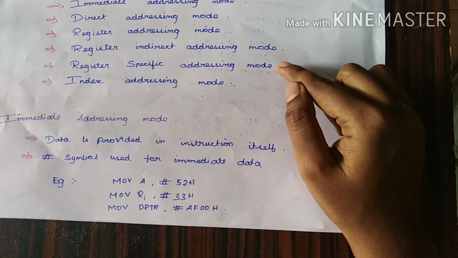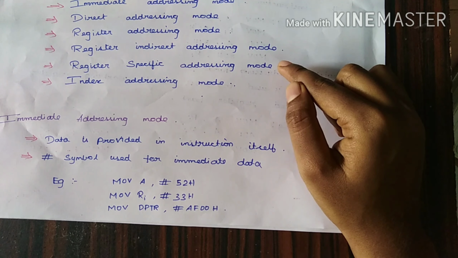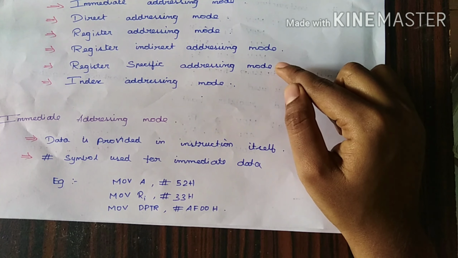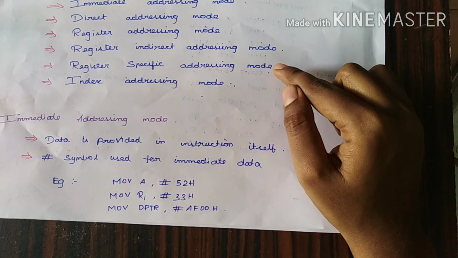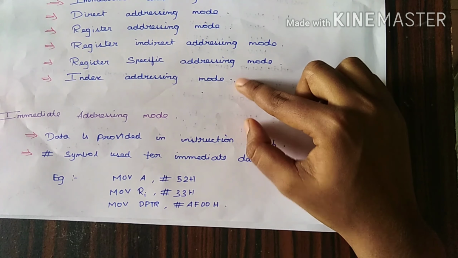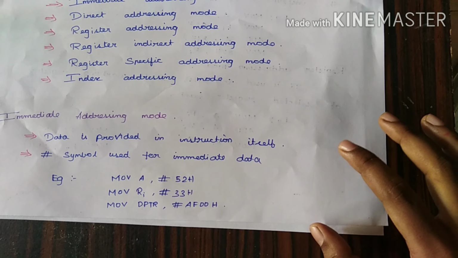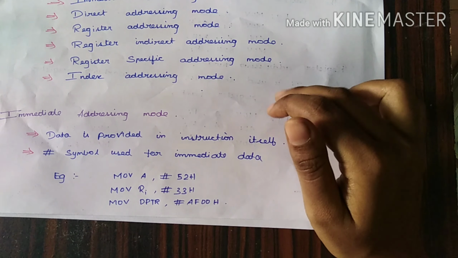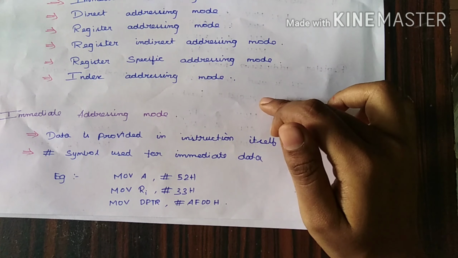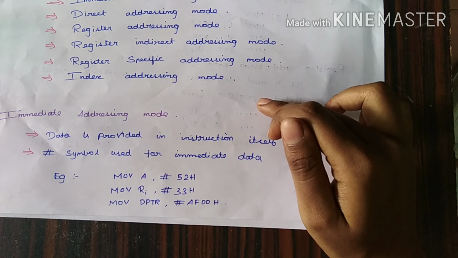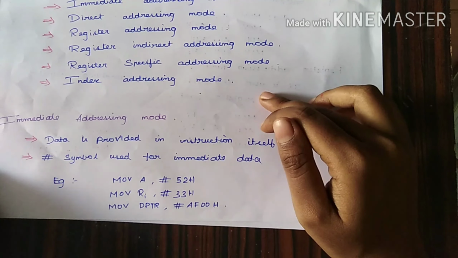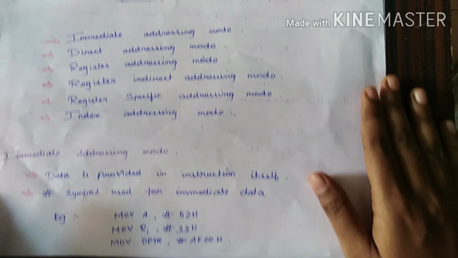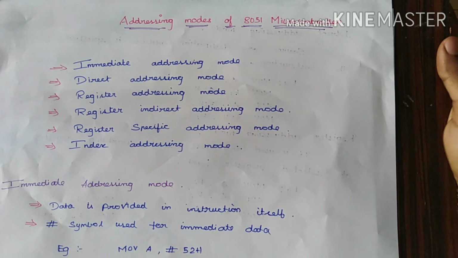Here we can only use specific registers like accumulator or DPTR, and a single operand can be used in this. And the next one is indexed addressing mode, and only program memory can be accessed in this, and either the DPTR or PC can be used as an index register in this. Okay, now these are all about addressing modes of 8051.